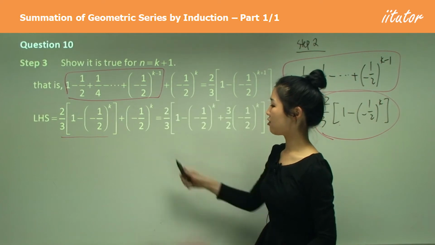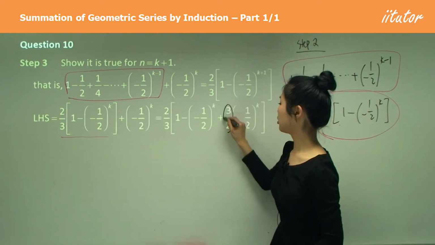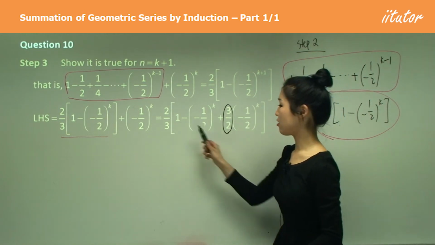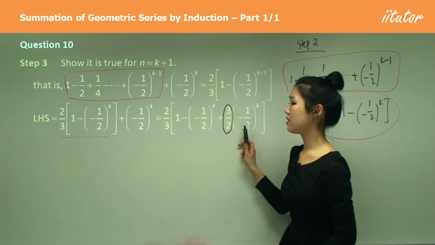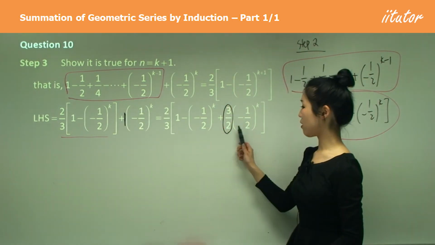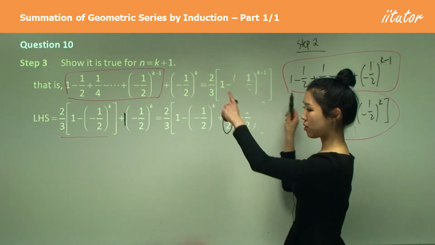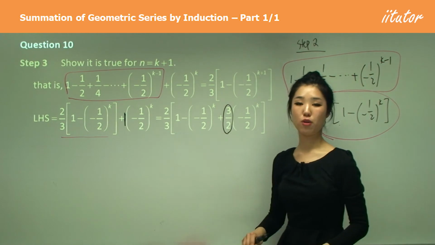If I take out 2 on 3, I can put 3 on 2 into here, because I know that 2 on 3 times its reciprocal, 3 on 2, is eventually just going to be 1. See how there's an invisible 1 there? So I made this 3 on 2, so I can put it all inside the big bracket. So I basically factorized by 2 on 3.